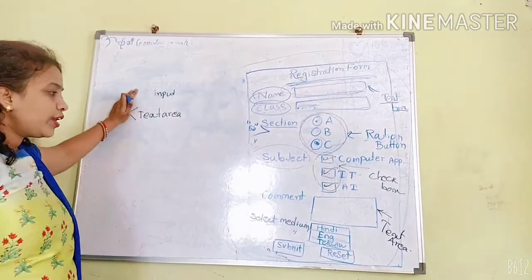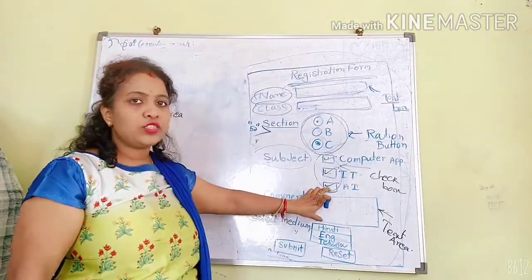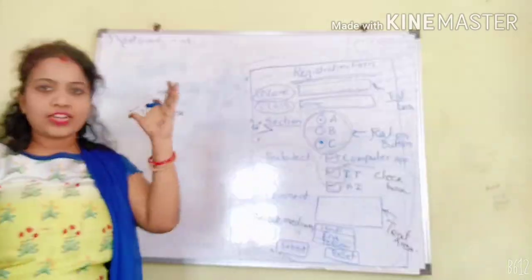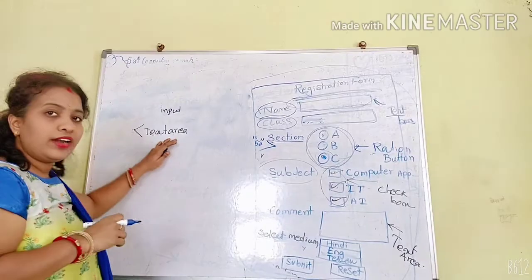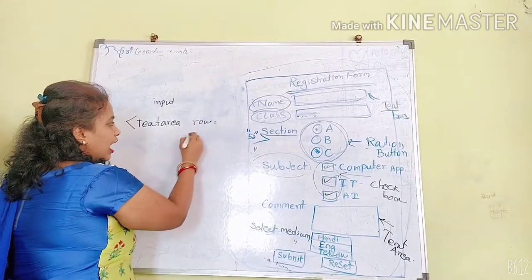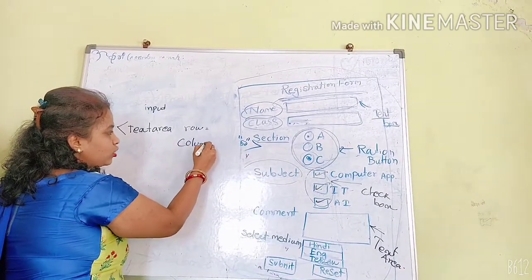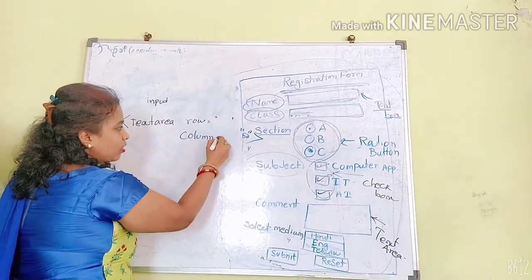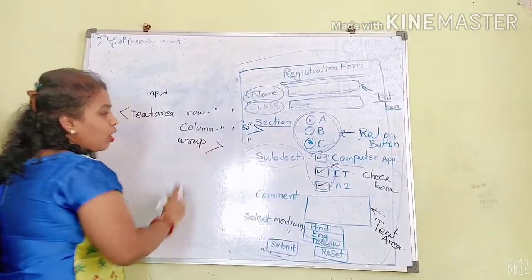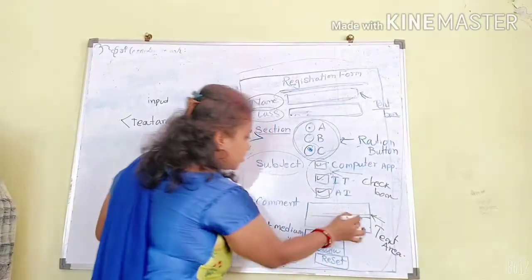Clear? The textarea is a tag used for a larger text box, providing space for large text. Here I am giving some rows and columns, showing the row number and column number, and I am also using a wrap attribute so that the lines are not shown.